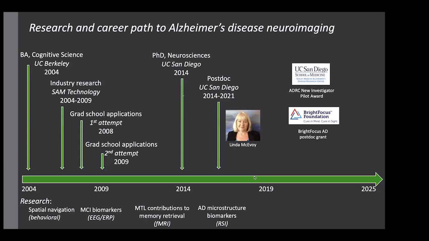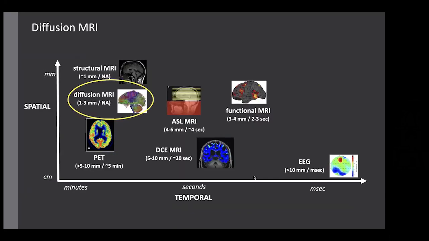So in my very first months as a postdoc, I applied for this new investigator award from the ADRC, and I was awarded this pilot grant, which really launched my career, to be honest. Shortly after I collected some data from this pilot grant, I was awarded a grant from the Bright Focus Foundation to do some follow-up work. So this was a really transformative period in my career. And this is when I learned the technique diffusion MRI.